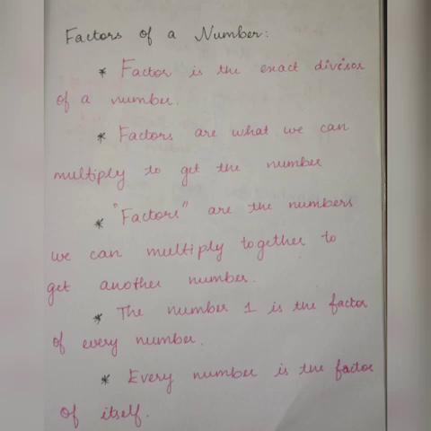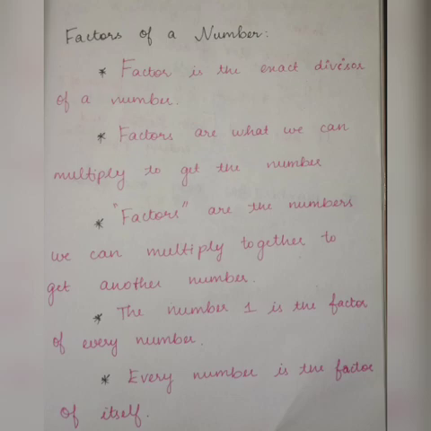Next is our third definition. Factors are the numbers we can multiply together to get another number. It is the same thing, given in a different way. If you multiply two numbers, you will get another number, so the things we are multiplying are the factors.